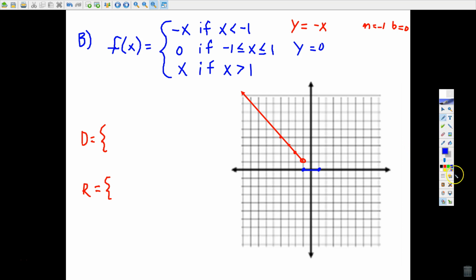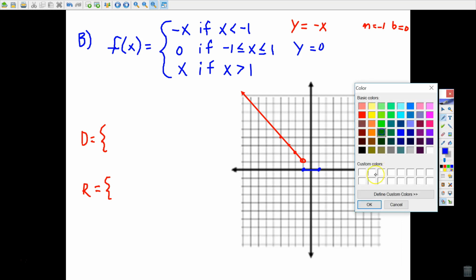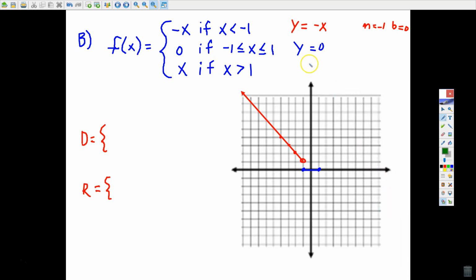Let's do this one in green. Okay, you can change this if you like to y equals +x. Well, if y equals -x started at the origin and had a -1 slope, well, this one does just the opposite. And now we're describing the domain as all the numbers greater than 1. Well, here is where 1 is, and the line is just going to continue on in its normal fashion from that point.